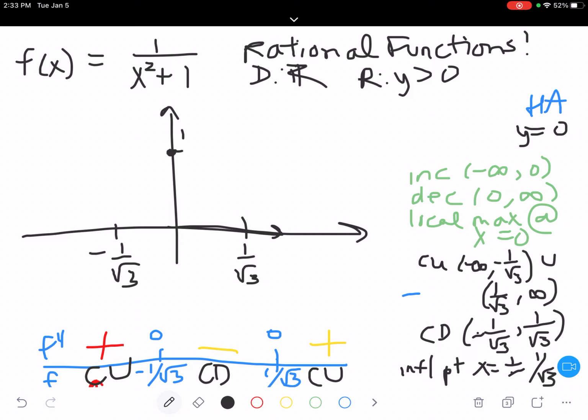And again, because my range is greater than 0 and I know that I have a horizontal asymptote at y equals 0, I'm going to have to approach the horizontal asymptote at both ends. If I look at this, I start out increasing and concave up, so I'm increasing and concave up until that point. Then I switch to increasing concave down.